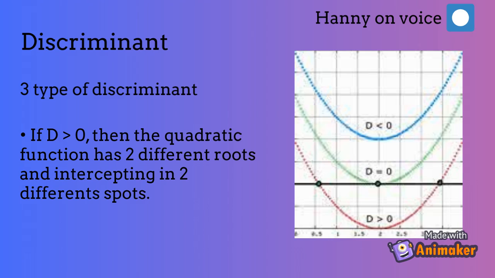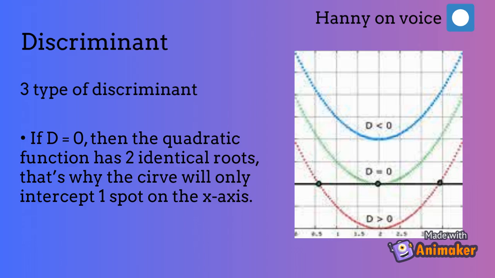Then we have the second type of discriminant, that is if D equals 0, then the quadratic function has 2 identical roots. Remember, 2 identical roots. That's why the curve will only intersect one spot on the x-axis. In the picture you can see the green line that represents D equals 0.